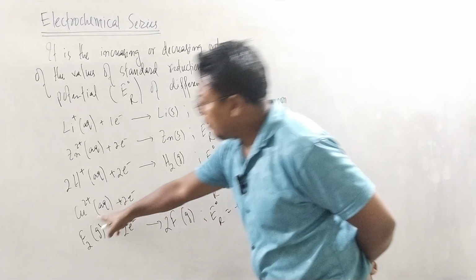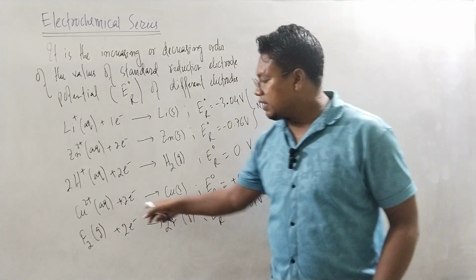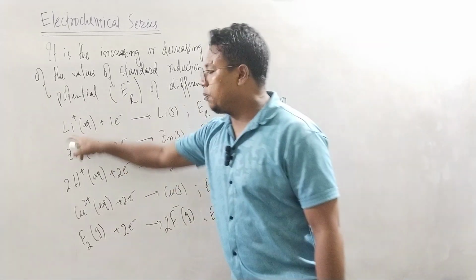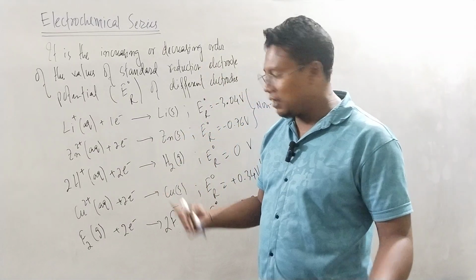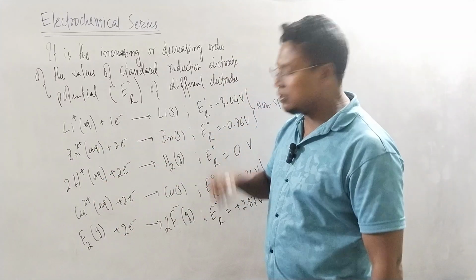Means copper 2 plus ion is happy to accept electrons to form copper solid, while zinc 2 plus ion is not happy to gain two electrons to form zinc solid.